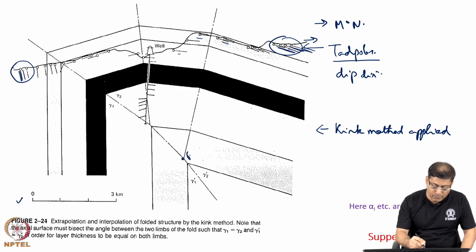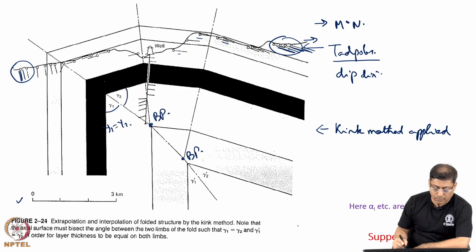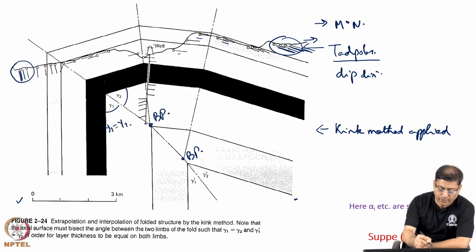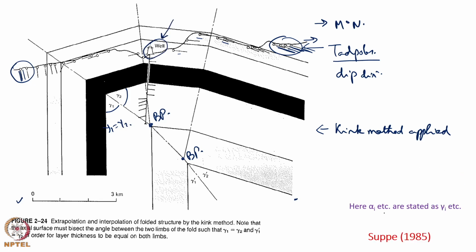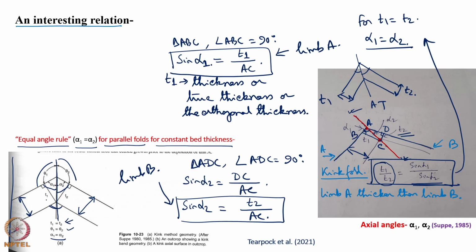Here this is the branch point, here is again another branch point, equal angle has been maintained, gamma 1 equal to gamma 2. In this way, after the fold is constructed, a drilling well can be considered where to set up. What is described here as gamma 1 gamma 2 is basically alpha 1 alpha 2 in my previous diagram.